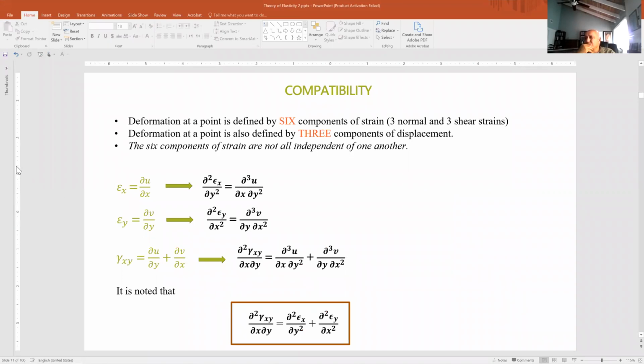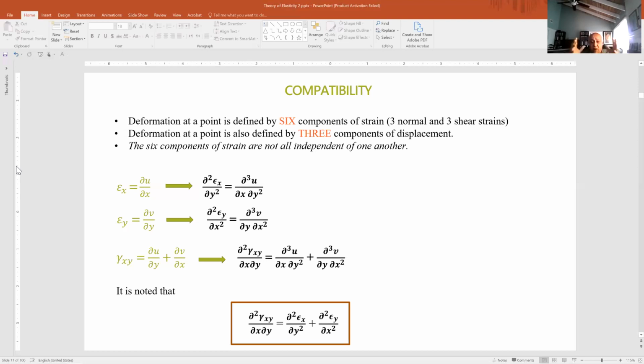Now, probably some 100 years ago, when the equations of the theory of elasticity were put together, many scientists discovered that there should be a certain relationship between these components of the strain: epsilon x, epsilon y, epsilon z, gamma xy, gamma xz, gamma yz.